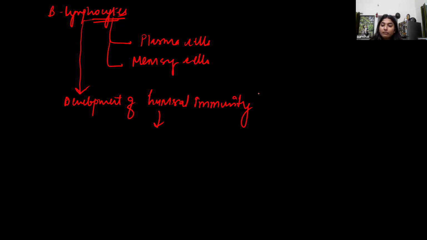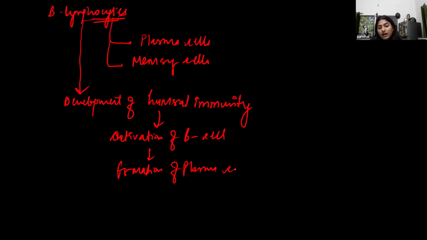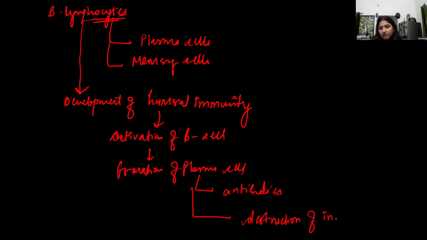As there will be development of humoral immunity, they will lead to activation of B cells and there will be formation of plasma cells, and plasma cells will lead to production of antibodies. And as there will be production of antibodies, it will lead to destruction of invading organisms by antibodies.